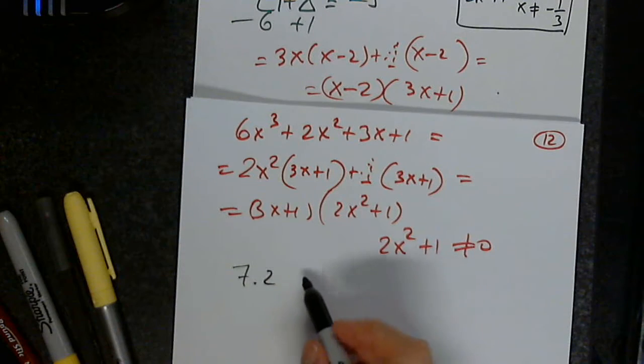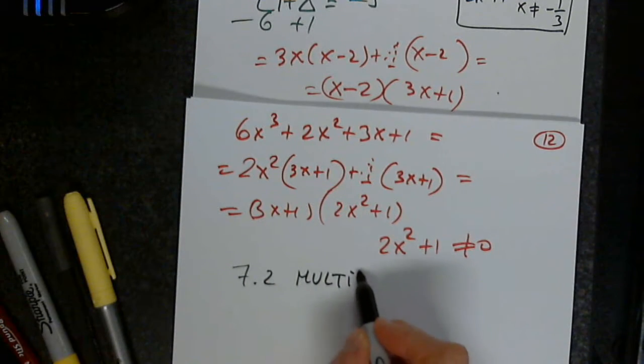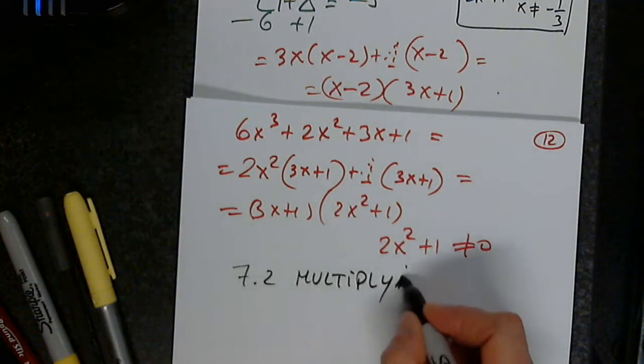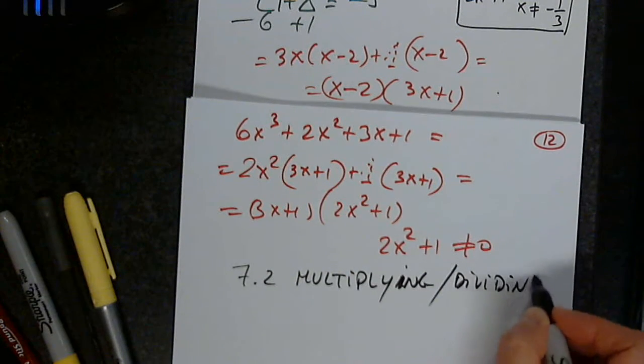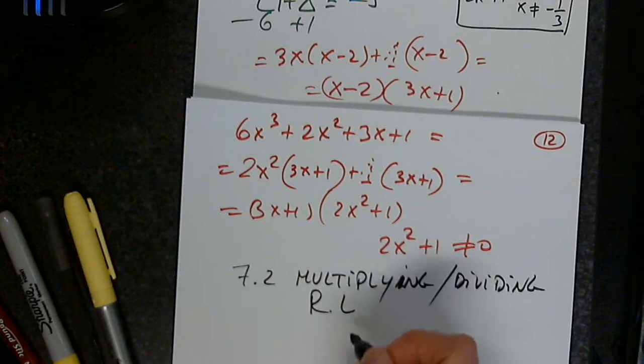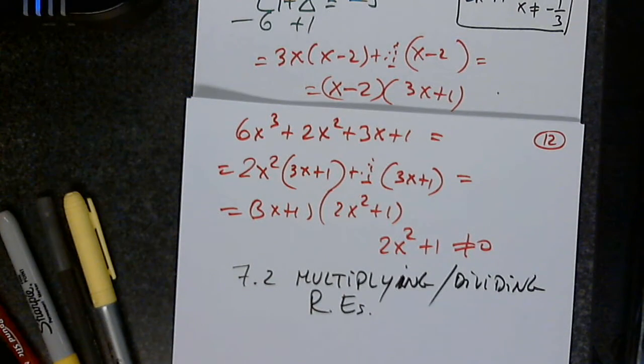So 7.2, multiplying and dividing rational expressions. On page 458, I'm looking at products first.